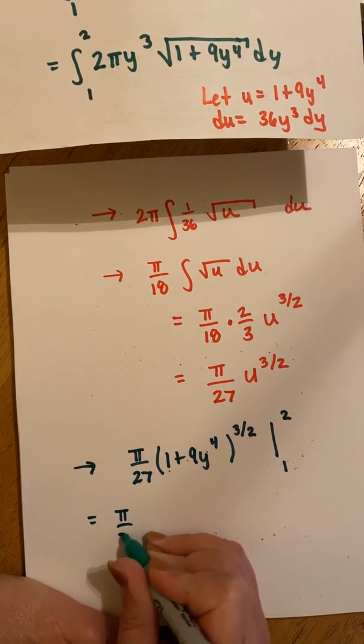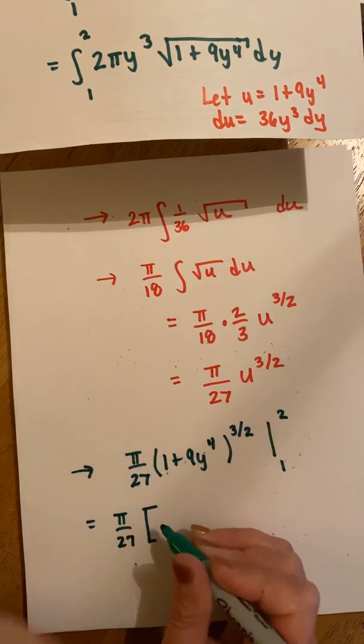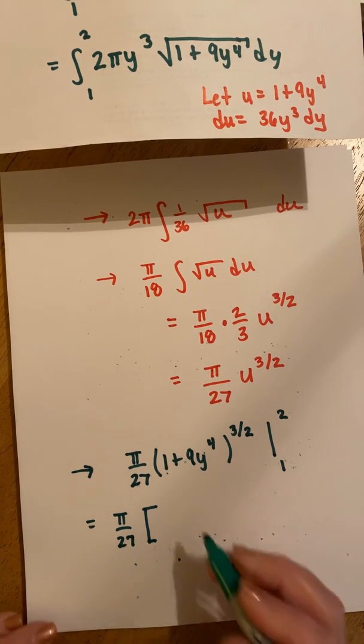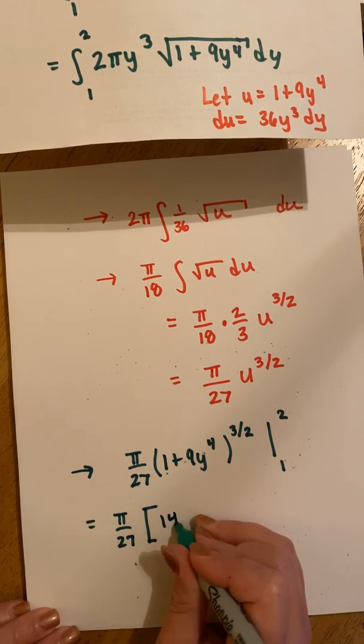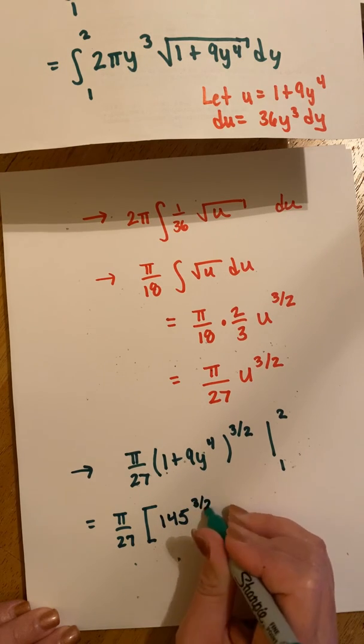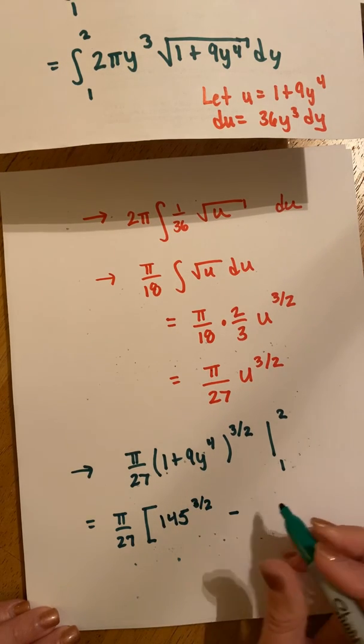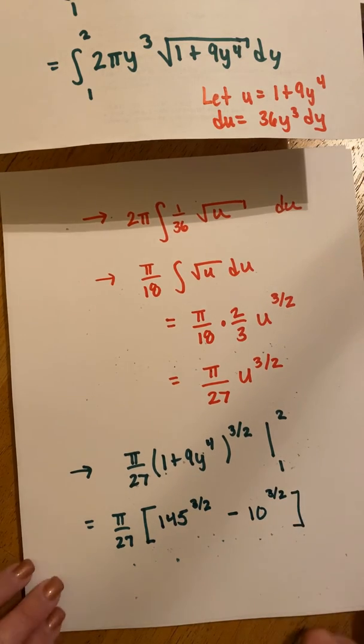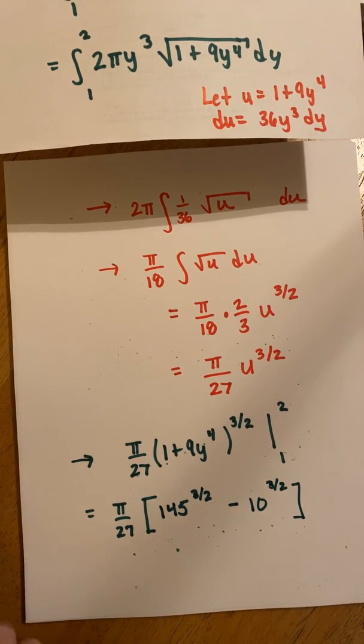Not pretty, but doable. So 1 plus 9 times 2 to the 4th, it's 145 to the 3/2 minus 10 to the 3/2. All right, so let's see. I guess we're just going to have to approximate this.